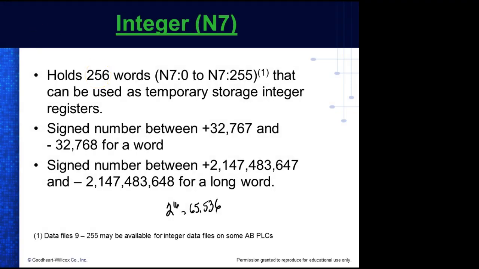So I'll update this. You should have one more negative number than you have positive. Computers use something called two's complement, which I'm not going to explain. But what they do is they have to represent a signed number in binary. So they sacrifice the most significant bit as the sign.